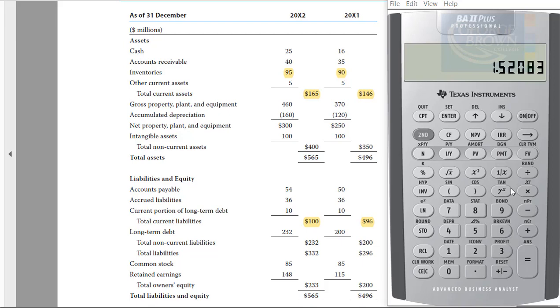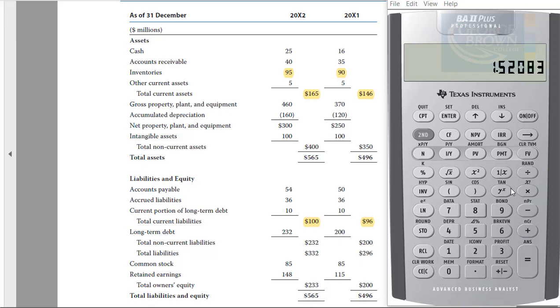of 2, or if we were given an industry average of 2, see there's data, there's interpretation, and there's evaluation. The data is the ratio. It just gives us the number. But then we need to interpret it and evaluate it. So our evaluation would be, well, the current ratio has gotten better from 20X1 to 20X2, from 1.52 to 1.65, so that's a positive.